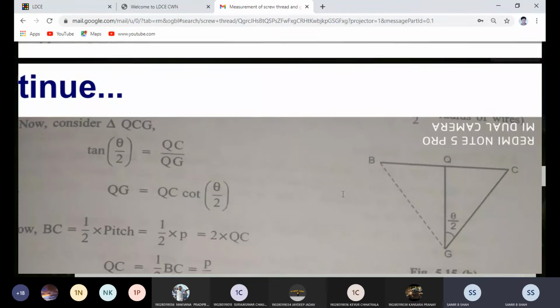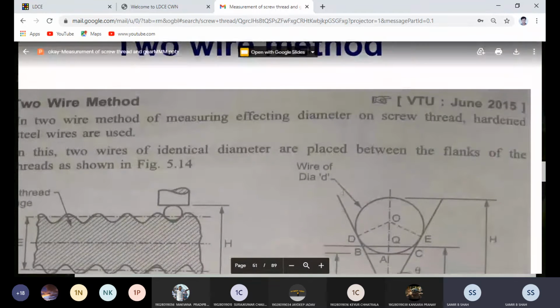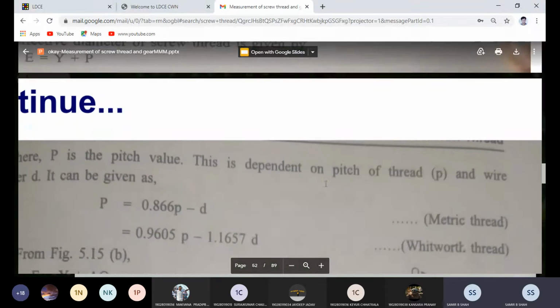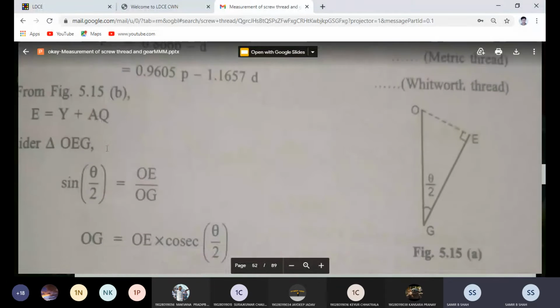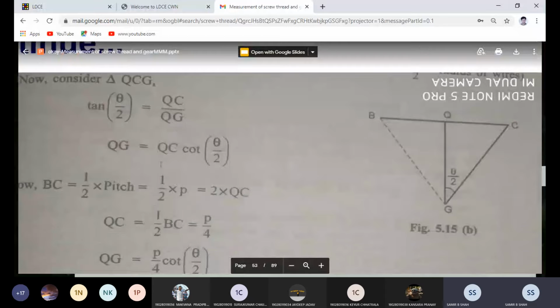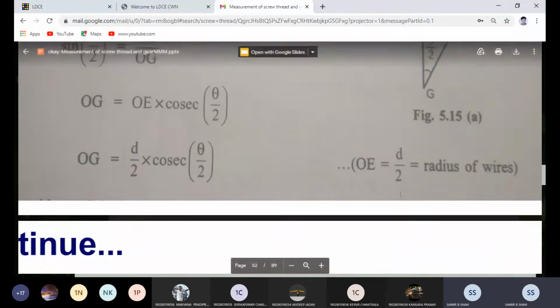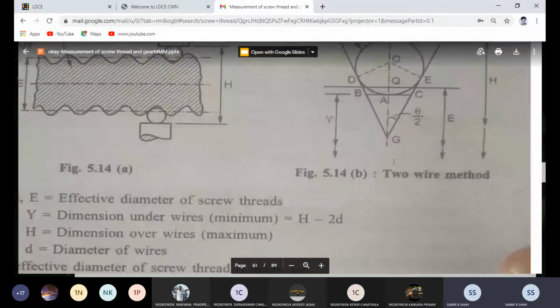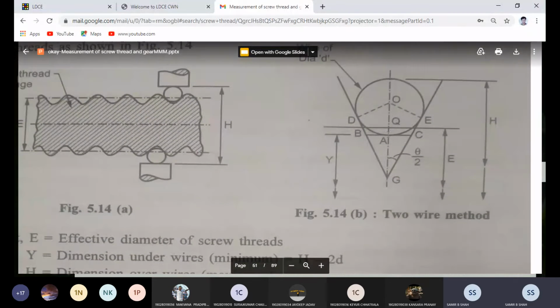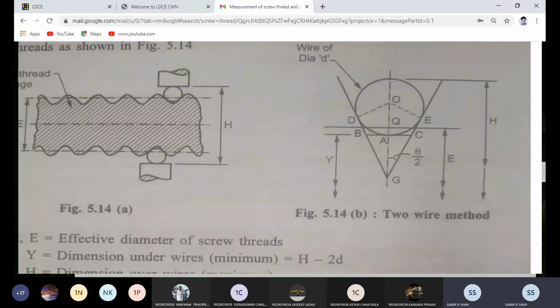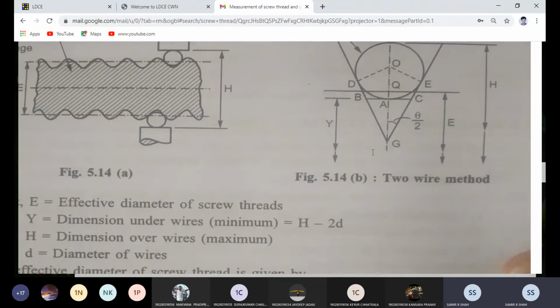I think it may be here. This is the y, and AQ. So we have to find y and AQ.